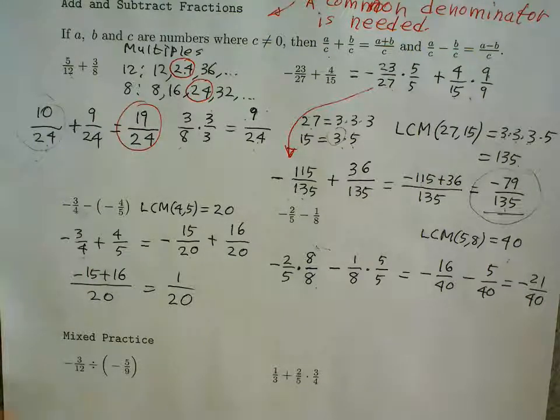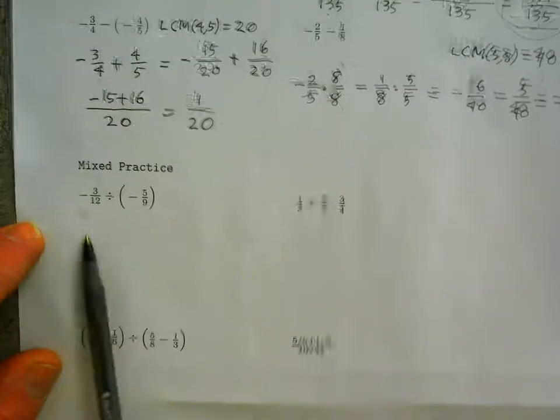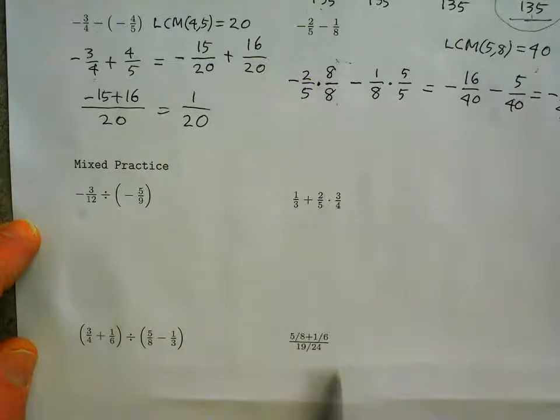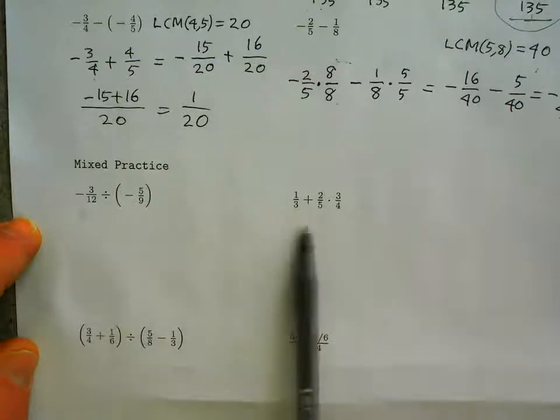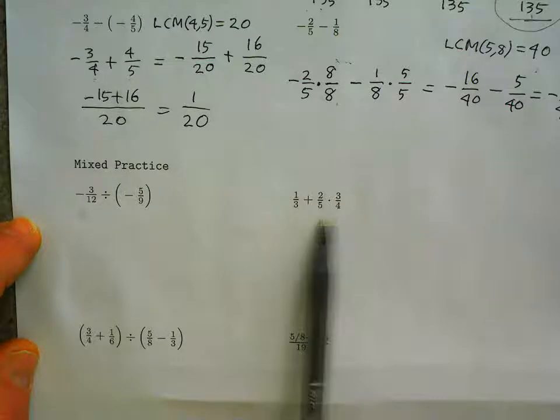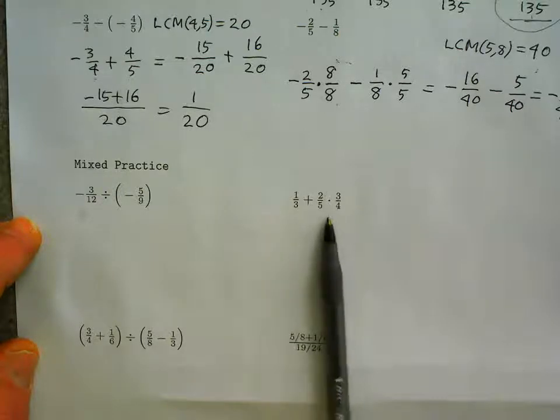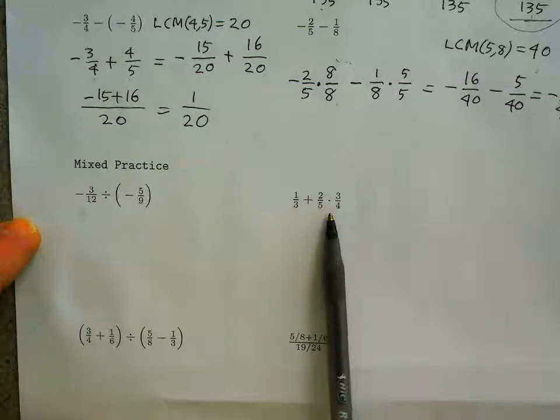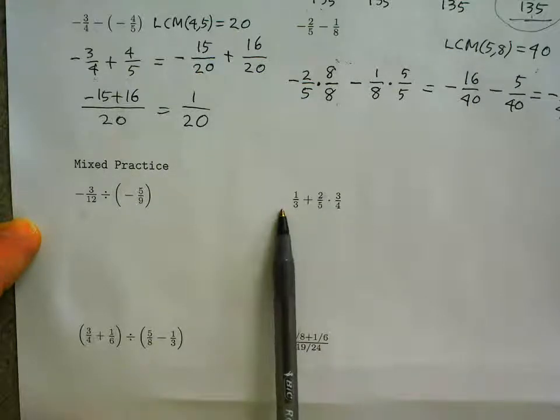Okay, the mixed practice, if we have time later today, we'll come back to this. This is just a little bit more of the same. This one's a little more involved because on this one we have to multiply the fractions first before we add it to the other fraction.